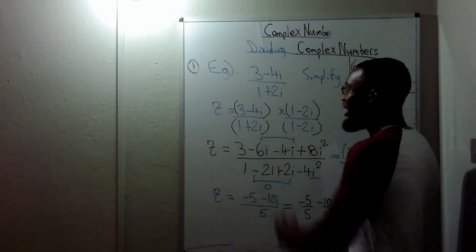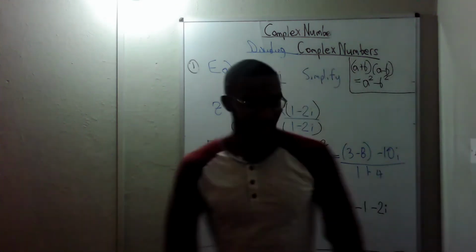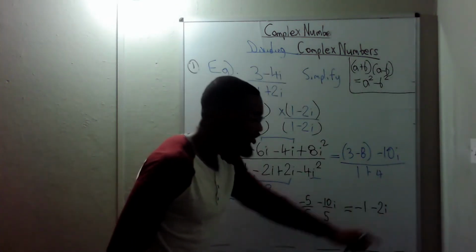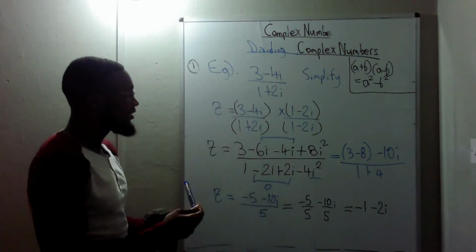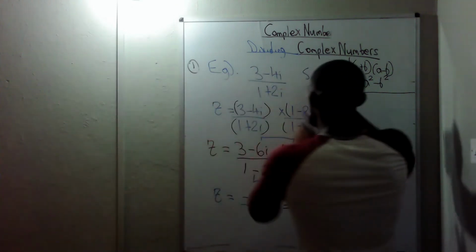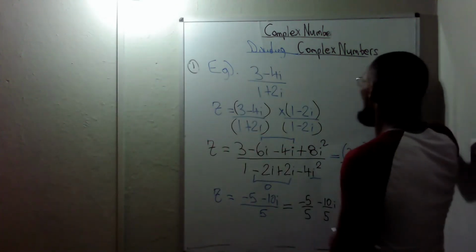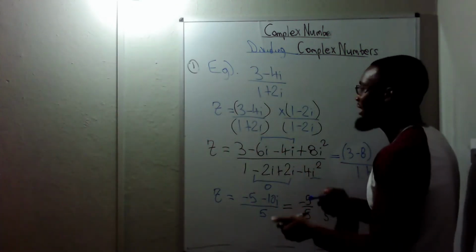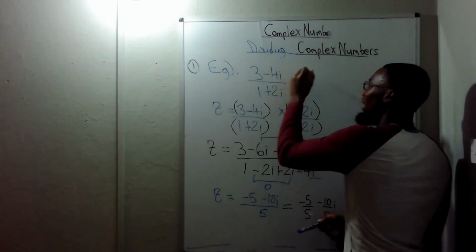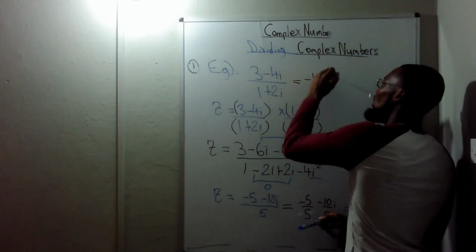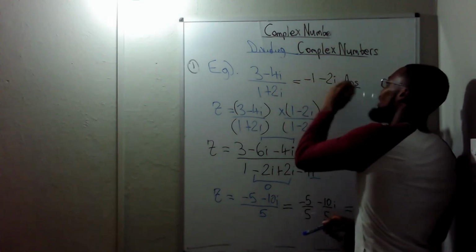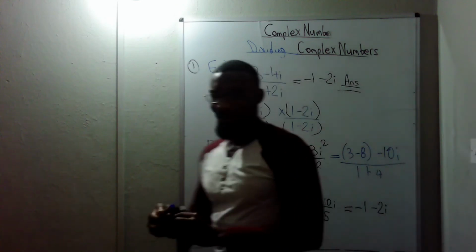So that's your answer. All of this works out to be minus 1 minus 2i. That's it. So this complex number up here, when we divide it and put it in standard form, is minus 1 minus 2i. That's our answer. Beautiful.